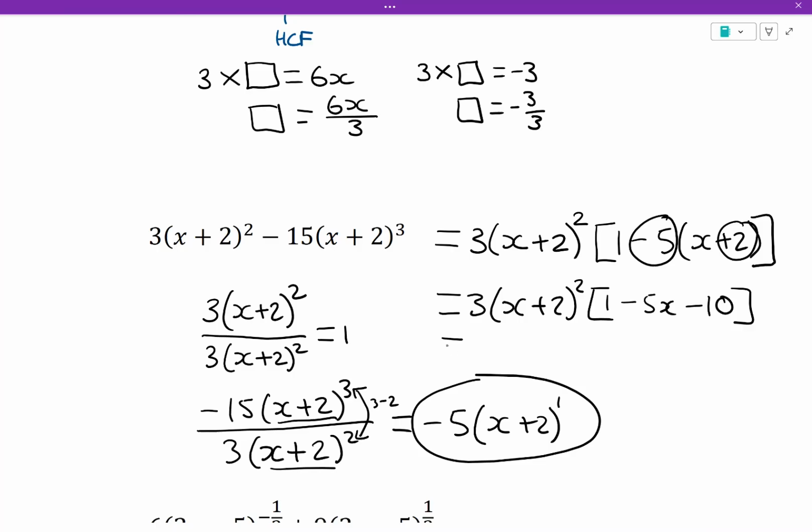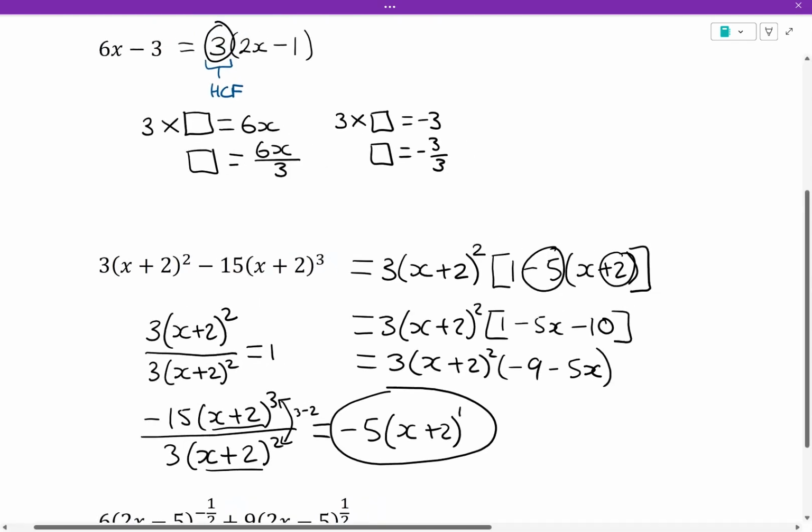Then we can simplify those brackets a bit further, and at this point I'm going to use regular parentheses. We've got 1 subtract 10, so that's going to be negative 9, and then we've also got the negative 5x like that. Now we could leave our answer like that.